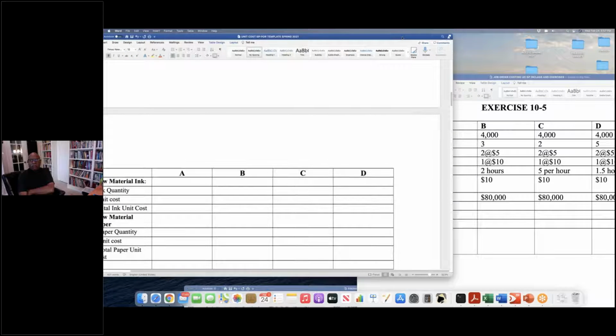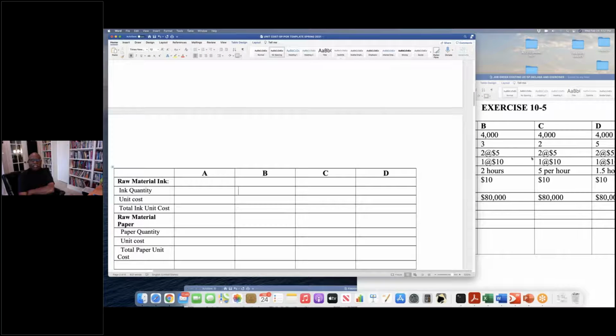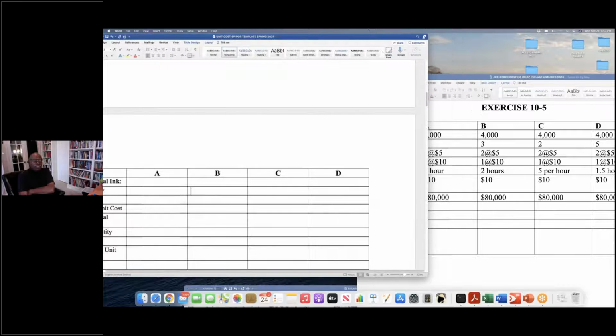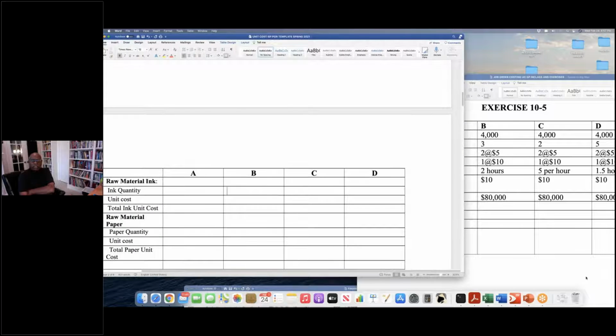Oh, we're looking at B. Okay, so the ink is two. It's gonna be two for a unit. So 2 times 5 is 10, and then the paper is 10.